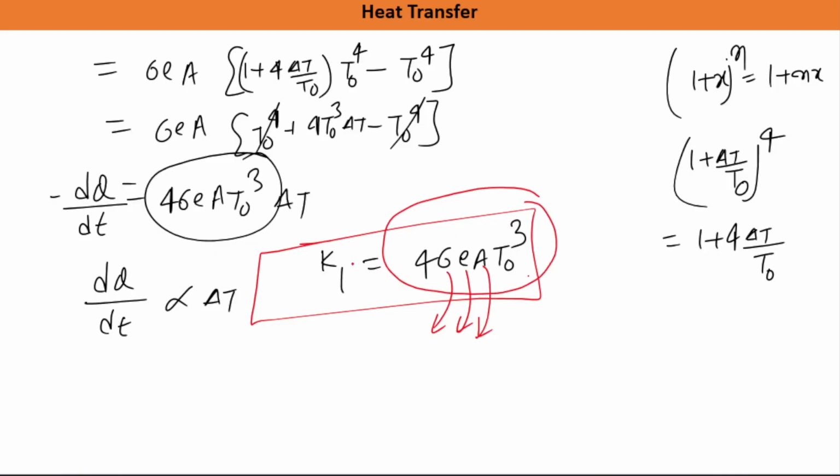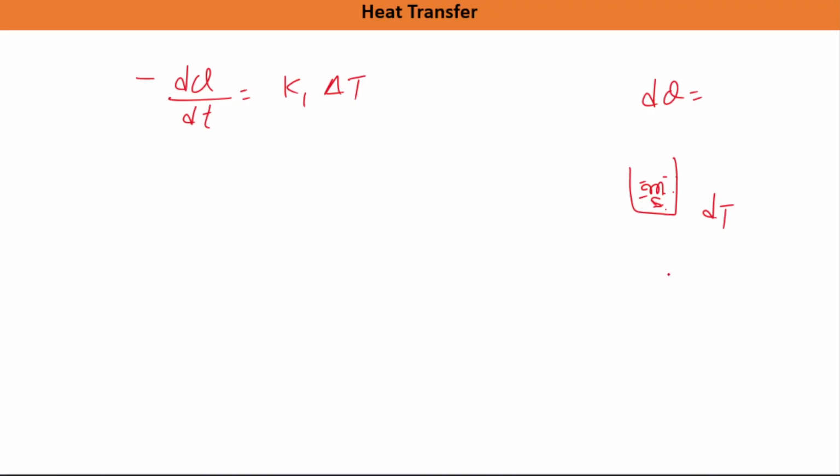Now let us talk about K2. So अभी देखो हमें क्या मिला, minus dq by dt is equal to K1 delta T. dq को क्या लिख सकते हो, इसको हम लिख सकते हैं if this tea has m mass and specific heat capacity is S and its temperature is changing by dt, let's say, then q को आप क्या लिख सकते हो, ms delta t, right?